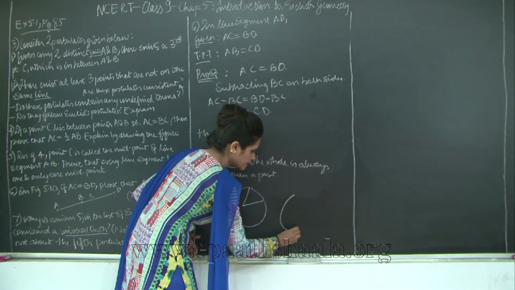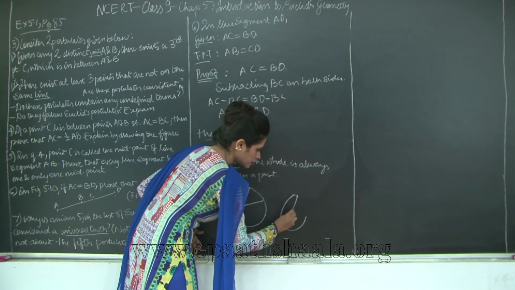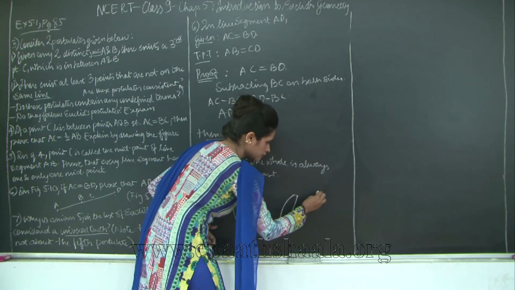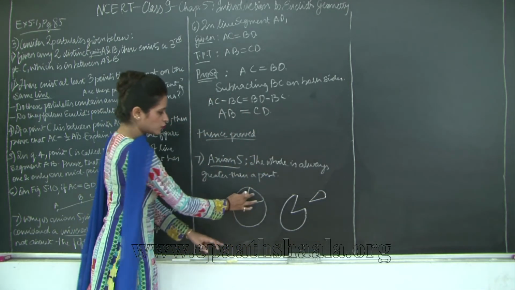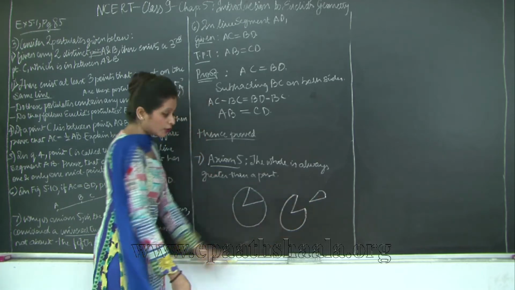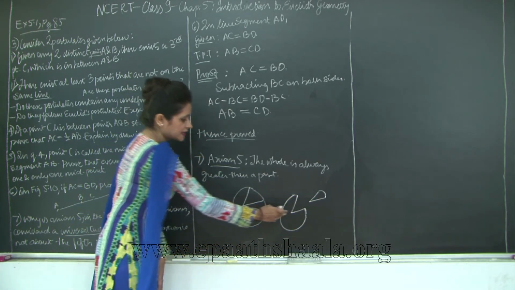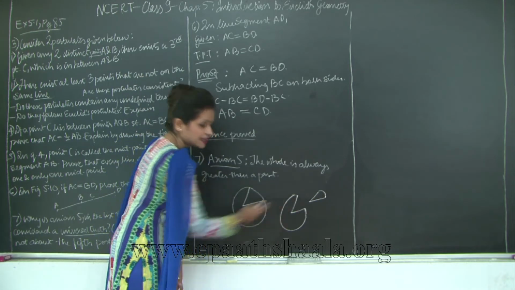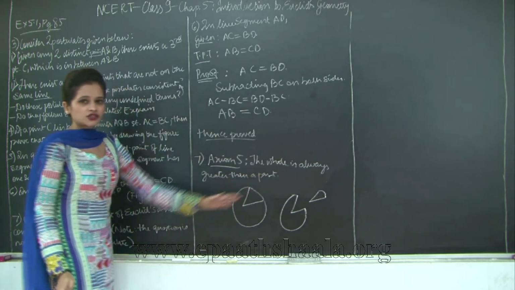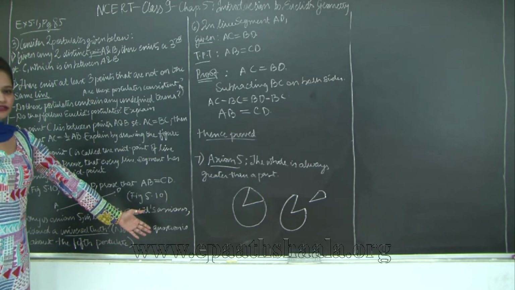I'm left with two parts, right? When I remove this part, I'm left with this part and this part. Now obviously you can see that this part is less than the entire part, and also this part is less than the entire part. Therefore we can just say that it is universal truth.